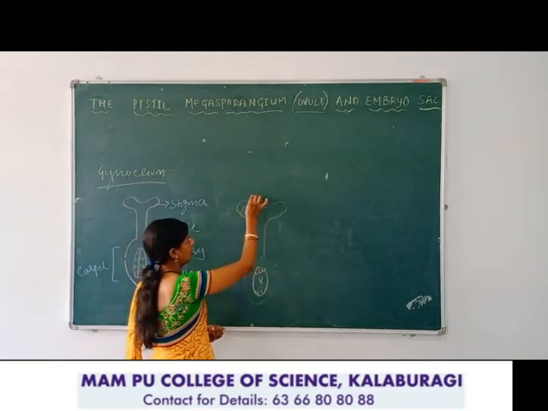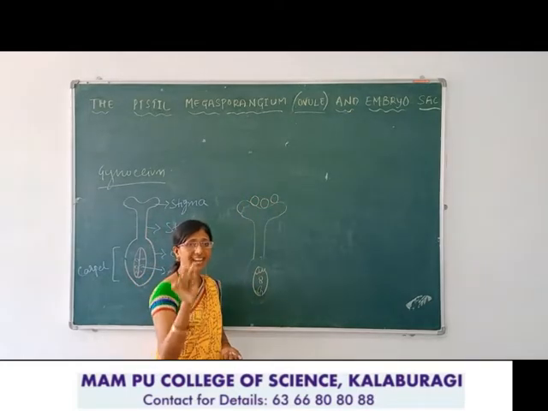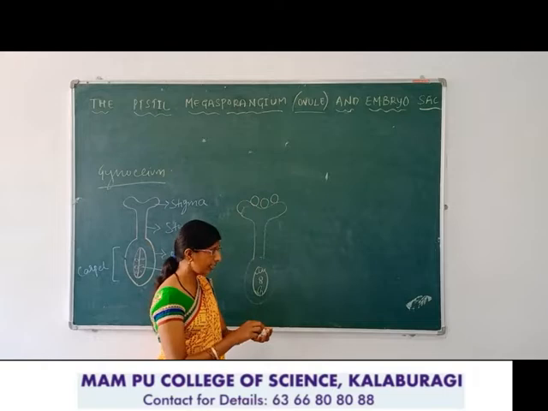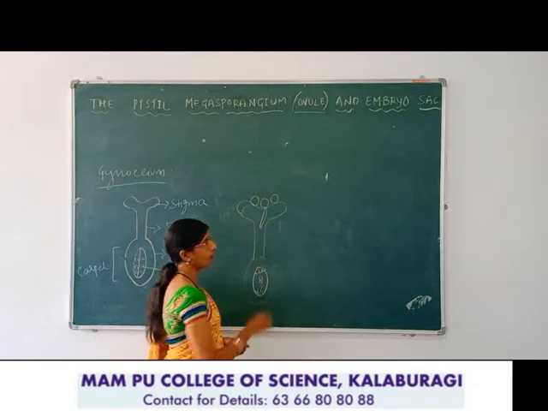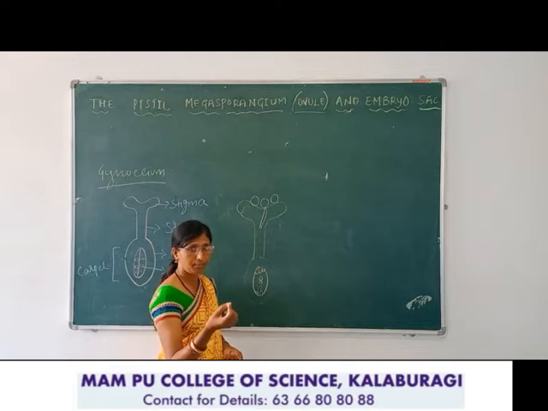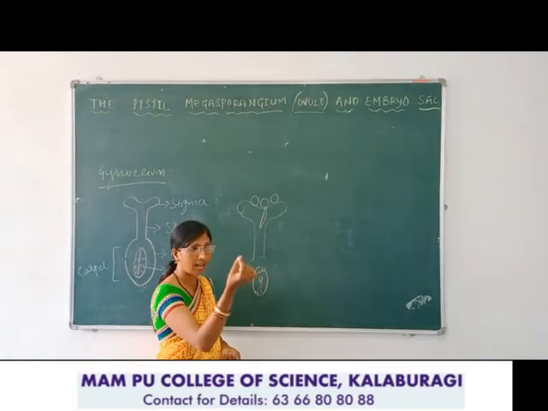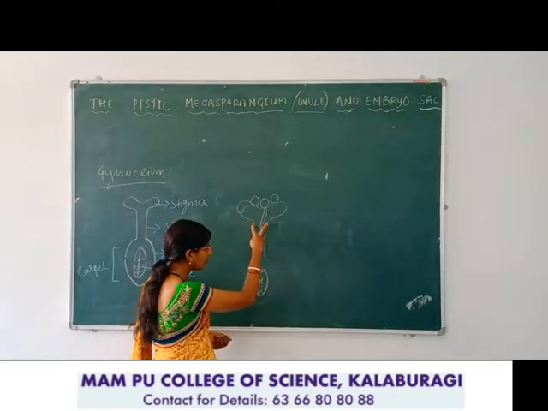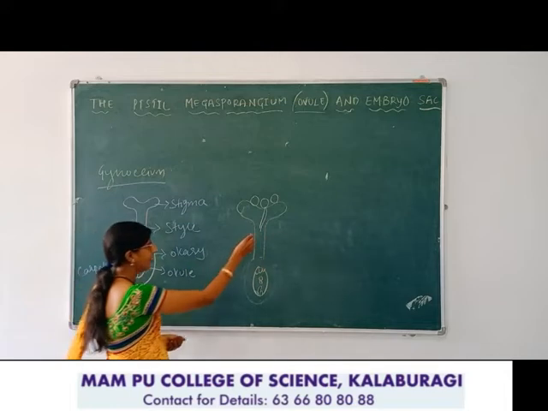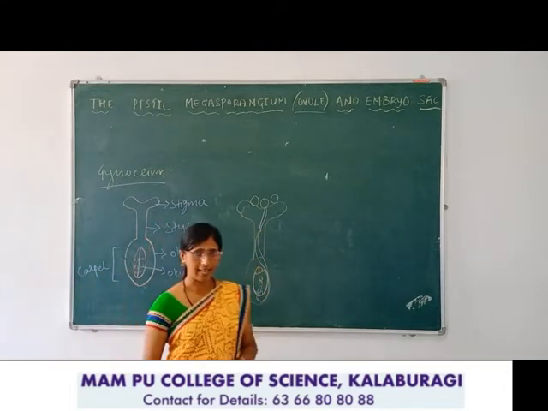After pollination, the pollen grain sits on the stigma. From the exine pore the pollen tube emerges, passes through the style and reaches the ovule for fertilization.